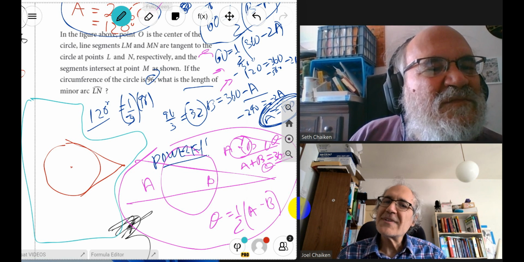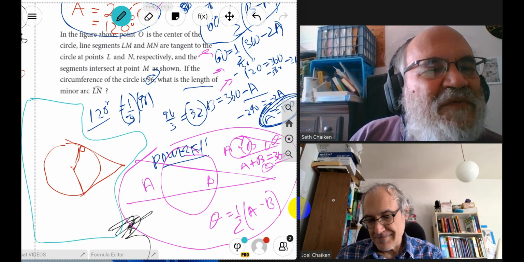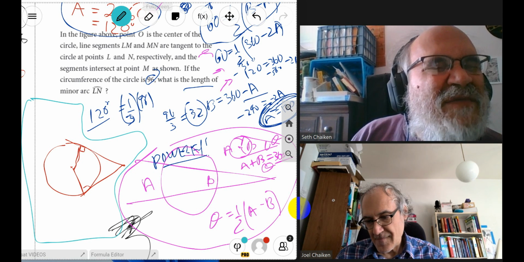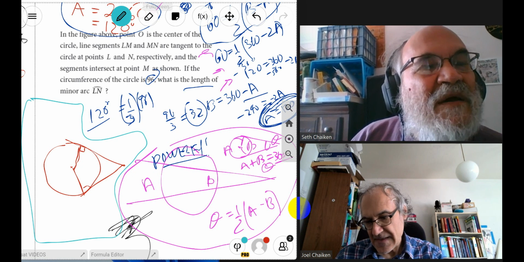We have these radii. And a fact that Joel quoted is that these, even though they're not drawn to look that way, are right angles.